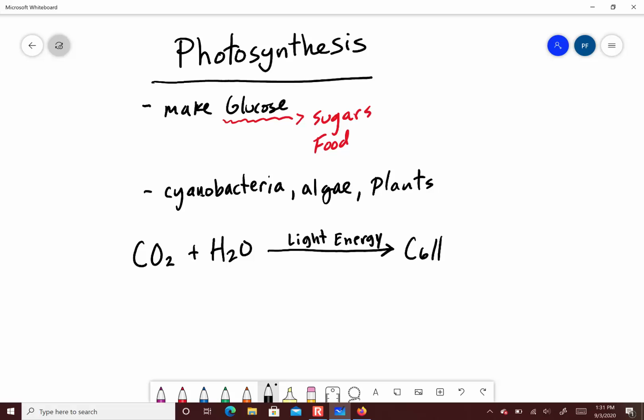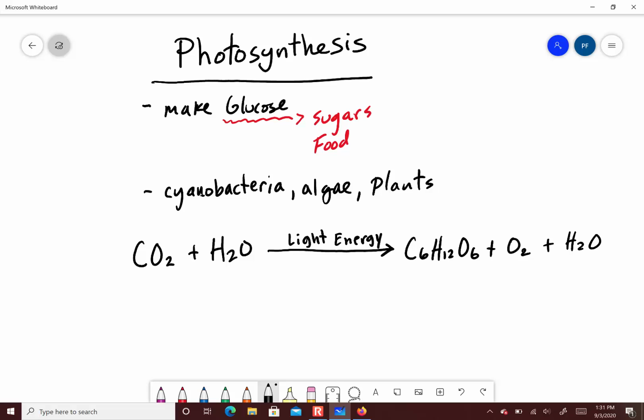And then out of that we get C6H12O6 plus oxygen plus water. All right, so we did all this before, right? CO2 is carbon dioxide, H2O is water, C6H12O6 is glucose, O2 oxygen. So we saw all that, same stuff, right?